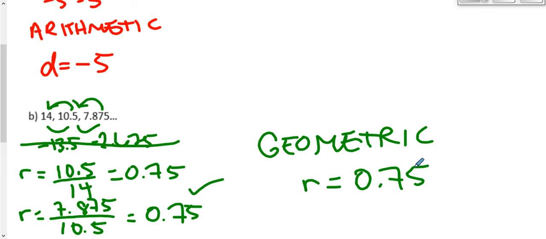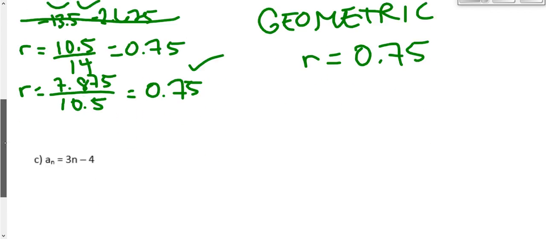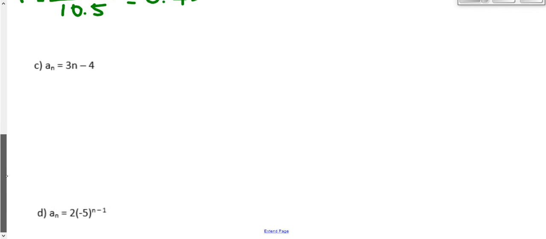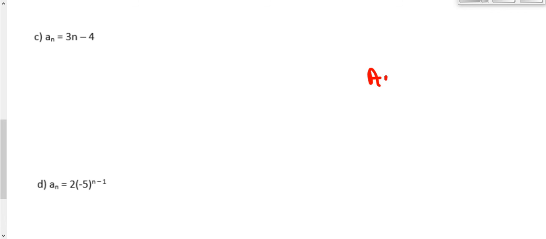Let's take a look at the next sequence. This one's given to us in explicit form, and you'll notice this one and the next one, C and D, are both given to us in explicit form. This is the first time in this review where we've really had to know our formulas. The two formulas I'm going to ask you to memorize for the test are the explicit forms of an arithmetic sequence, which I'm going to write as arith, and that form is a sub n equals dn plus a sub 0.